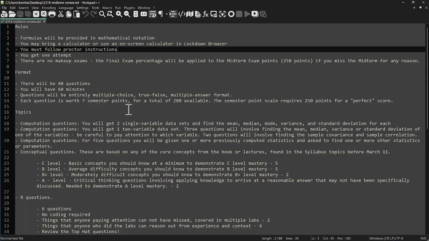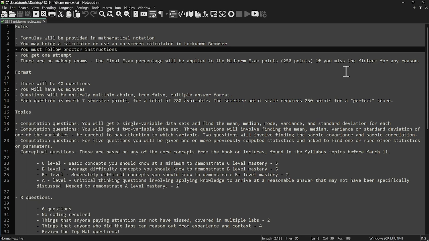These are going to be based on any of the core concepts from the book or lectures. So these you can find in the syllabus topics from before March 11th, actually mostly from before last week. I think we covered a little bit of wrap up last week, but mostly these will have been covered before last week.